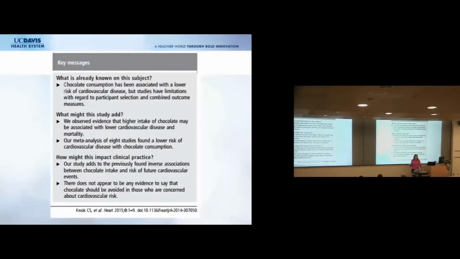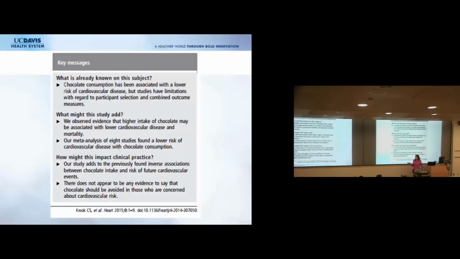Okay? Their conclusions added to the literature saying that there's an inverse relationship between chocolate and cardiovascular disease, but there does not appear to be any evidence to say that chocolate should be avoided in those who are concerned about cardiovascular risk.